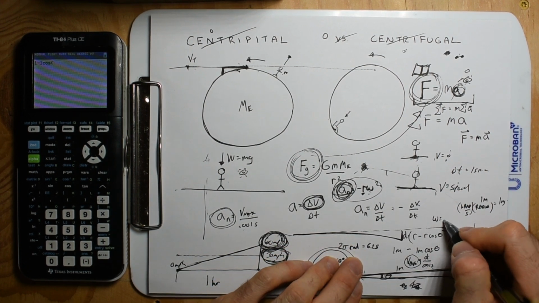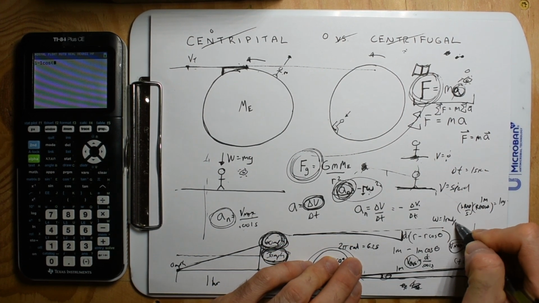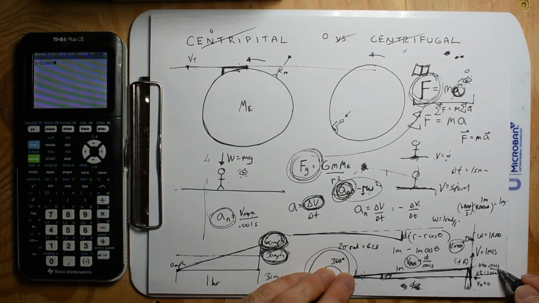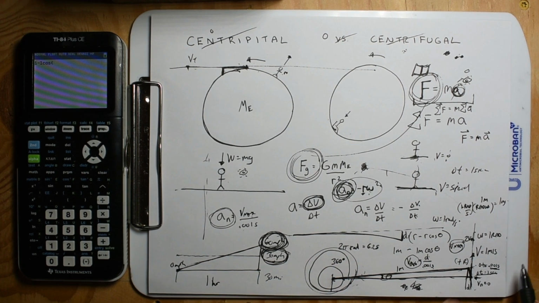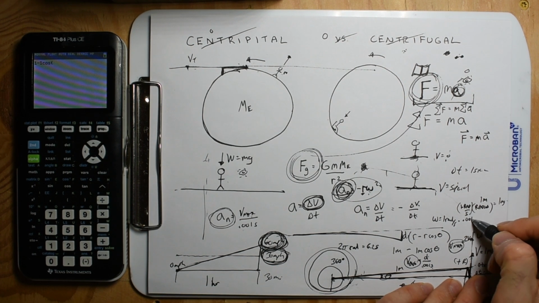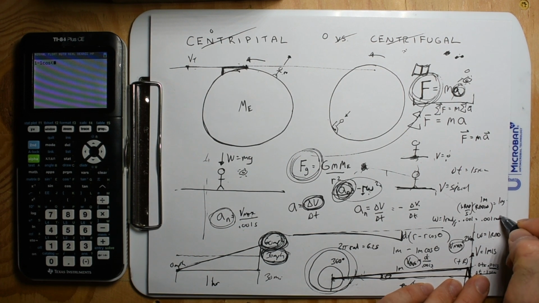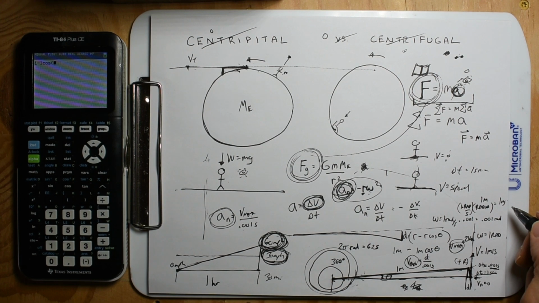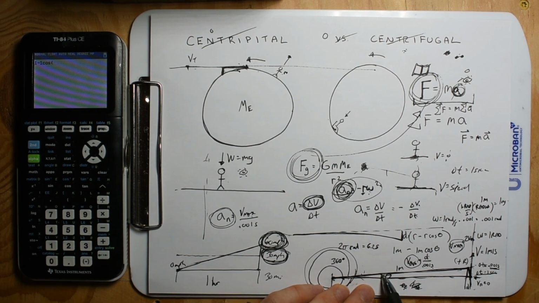So our speed is 1 radian per second. But guess how much we travel for? We're only going to travel for 0.001 seconds. So times 0.001, and look at that, we go 0.001 radians. Okay, so that's the angle that we travel.